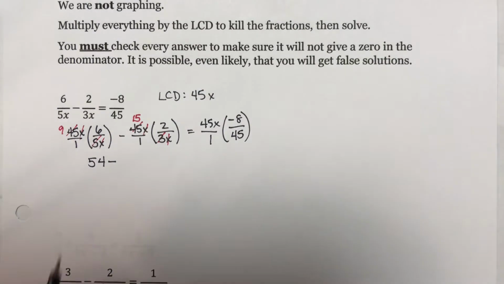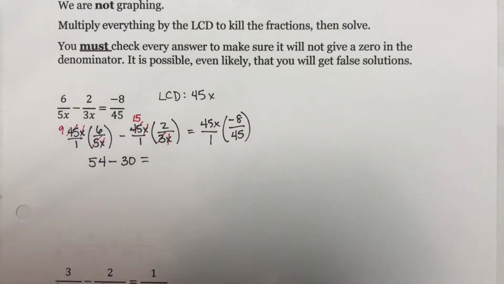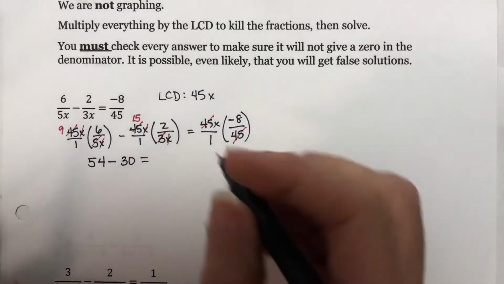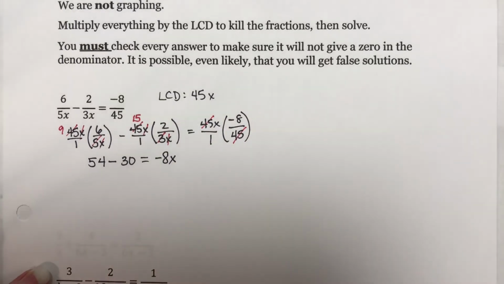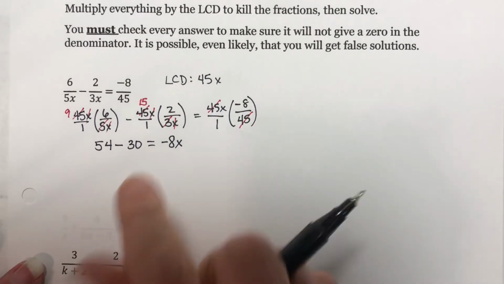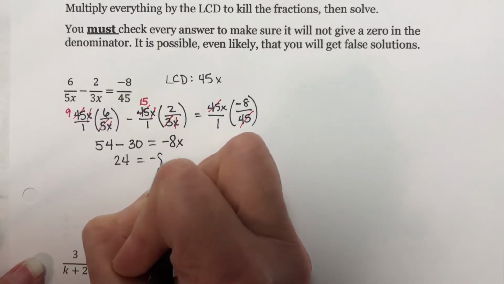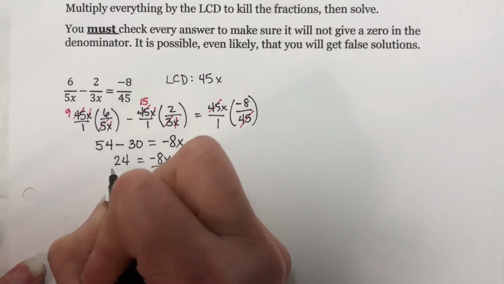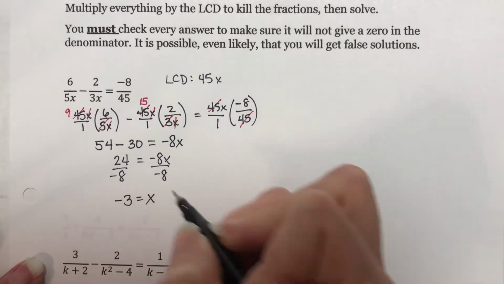So 15 times 2 is 30, and this is equal to, the 45's cancel, so we have negative 8x. Okay, 54 minus 30 is 24, is equal to negative 8x. Divide both sides by negative 8, and I get negative 3 equals x.